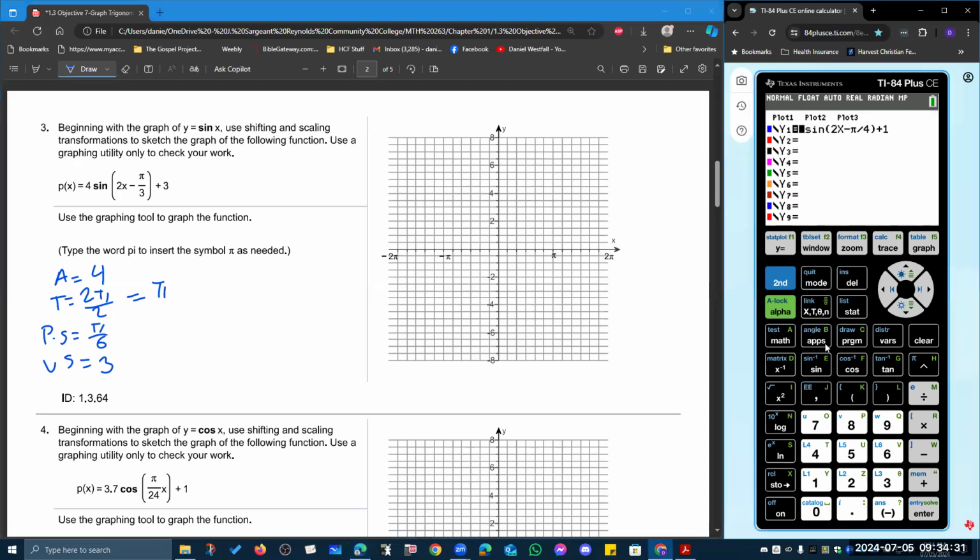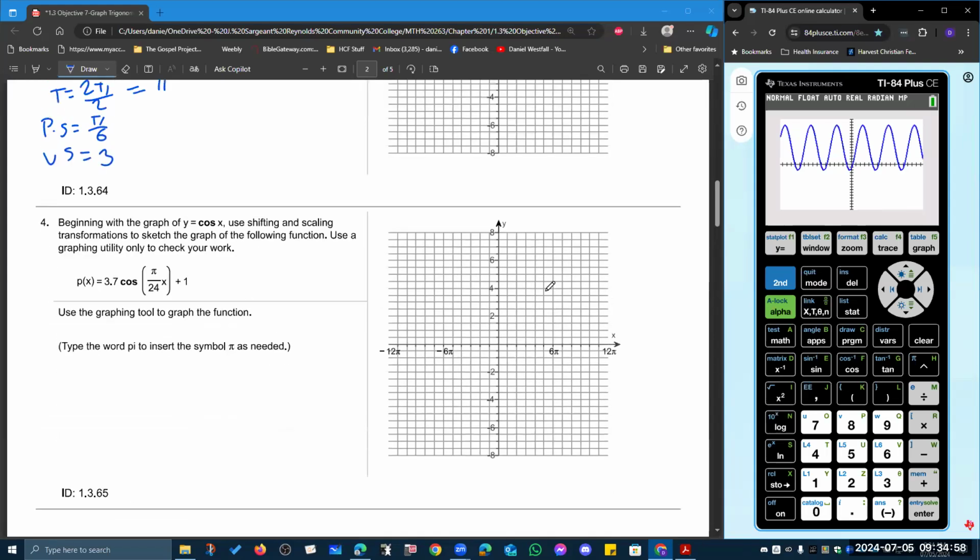So 4 sine of 2x minus pi over 3 plus 3. And our setup on our scale didn't change at all. So there's our graph for that one.